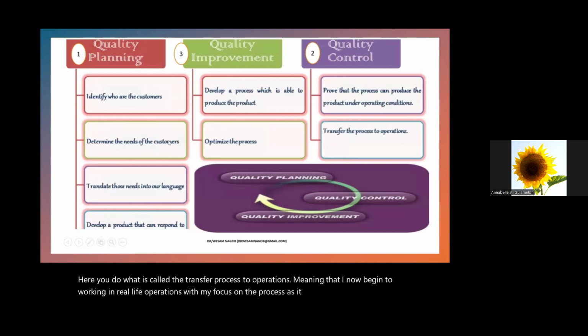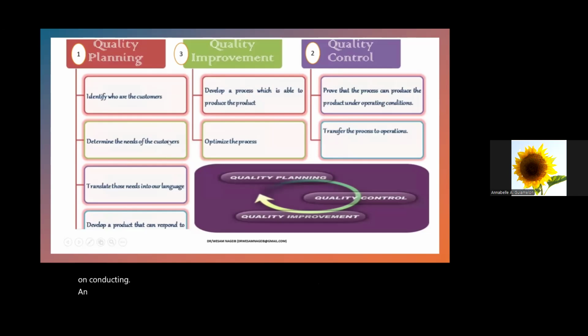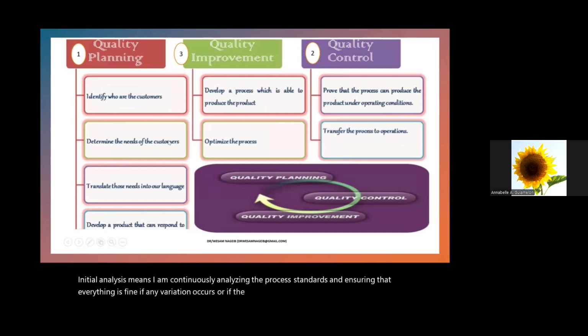At this stage, I work on conducting an initial analysis. Initial analysis means I am continuously analyzing the process standards and ensuring that everything is fine. If any variation occurs, or if the process deviates and the product doesn't turn out as I wanted, then I intervene to conduct a quality improvement process.